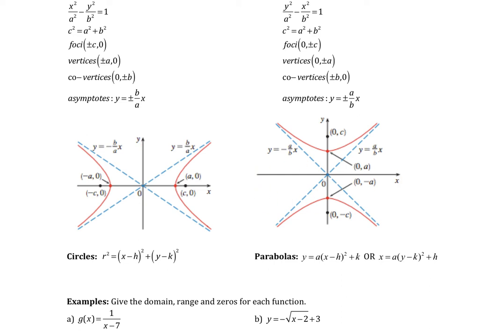And similarly, we have circles, where the domain and range would look similar to an ellipse. And parabolas, we may have a parabola that opens up and down like this one, or a parabola that opens left and right. If you need extra time to review those equations and how the graphs look, you can pause the video and check out the notes for those.